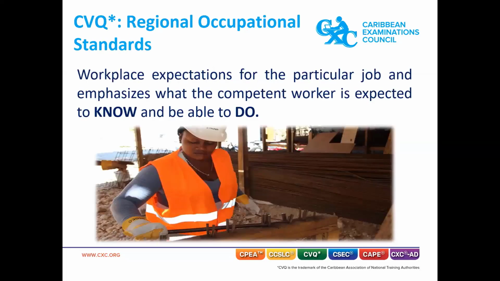Now, did you know that the competency standards are known as the regional occupational standards, the ROS? Did you know? They set out workplace expectations for the particular job, emphasizing what the competent worker is expected to know and be able to do. That is why it is different.